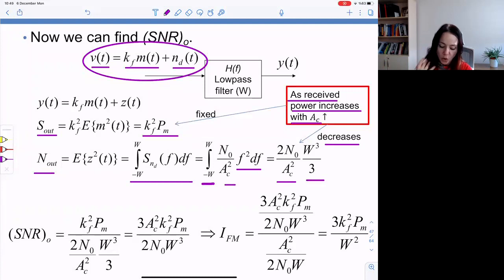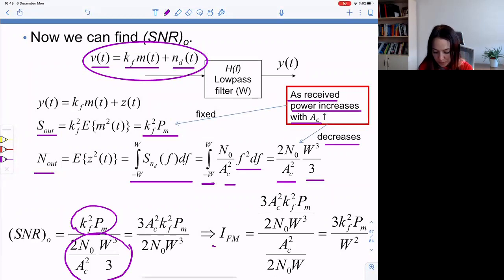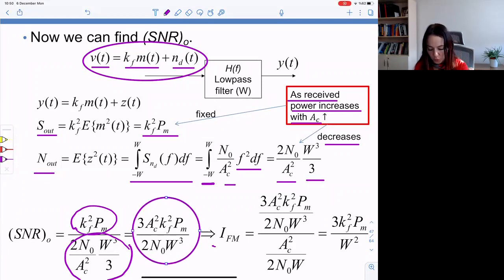Okay, so let's put S out and N out. Let's take the ratio kf squared PM over 2N naught over AC squared W cubed over 3, and we find the output SNR for FM to be 3 AC squared kf squared PM over 2N naught W cubed.